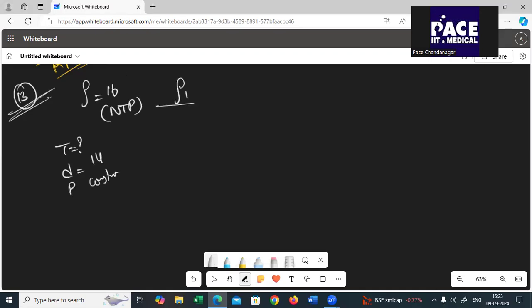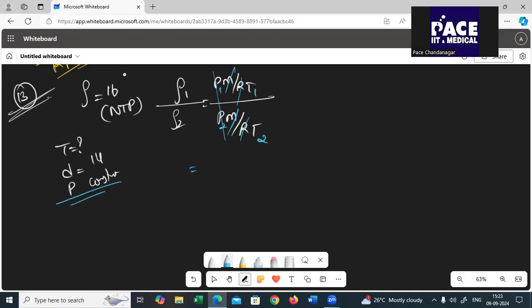So I know density 1 by density 2 is PM by RT by PM by RT. Here M cancels off, R cancels off. This is T1, this is T2, P1, P2 I am taking. And pressure also cancels off because it is said that pressure remains constant. So density 1 is 16 by density 2 is 14 is equal to T2 by T1.